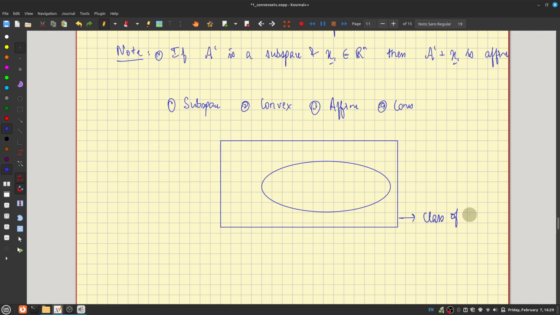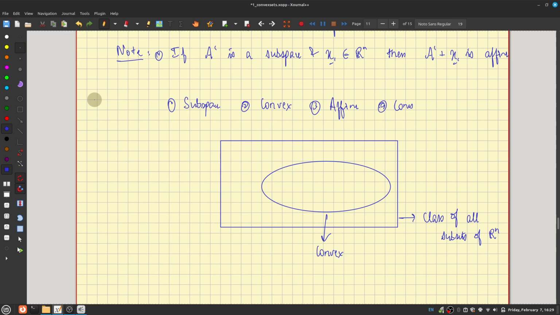This is the class of all subsets of my vector space. All right, let's take Rn. All possible subsets. They can have any weird structure, doesn't matter. And within this special class is this class of convex sets, convex subsets of Rn.